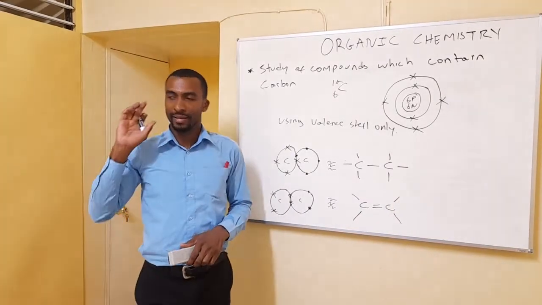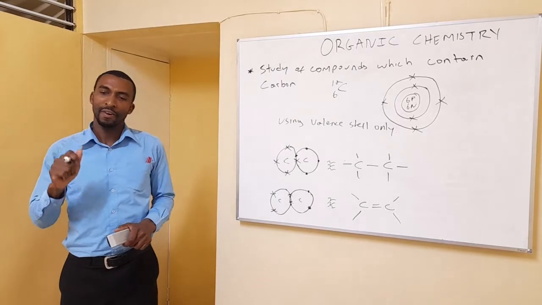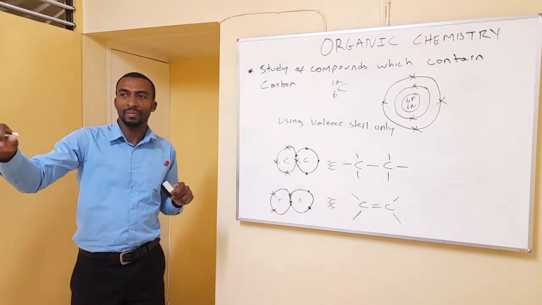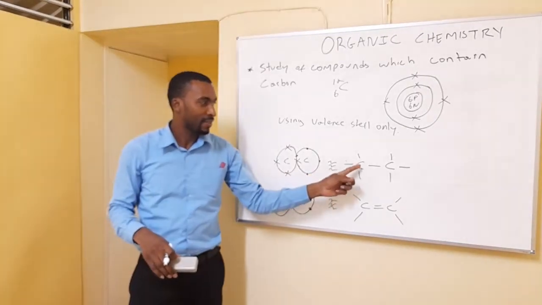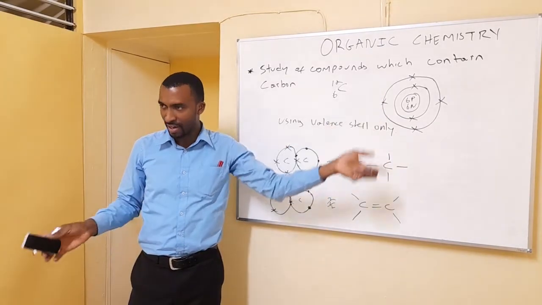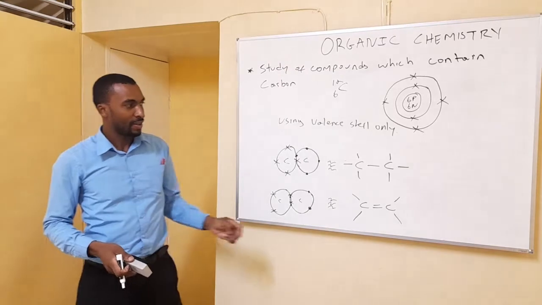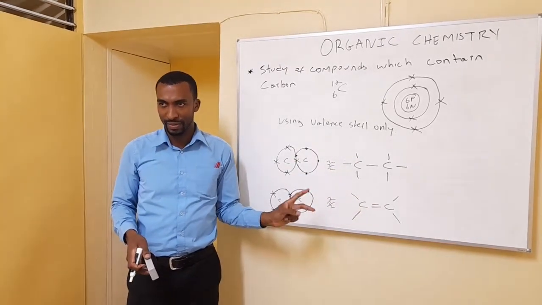Carbon, unlike most other elements in the periodic table, can form lots of covalent bonds among itself. It does not have to stop at 2 carbon atoms; it can go to 3, 4, 5, 6 carbon atoms, etc. And you can form a single bond, a double bond, or even a triple bond between carbon atoms.